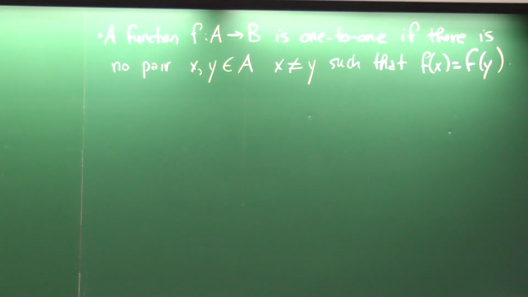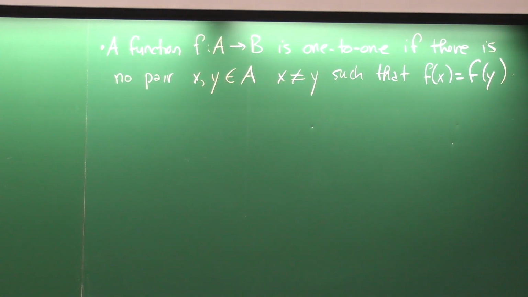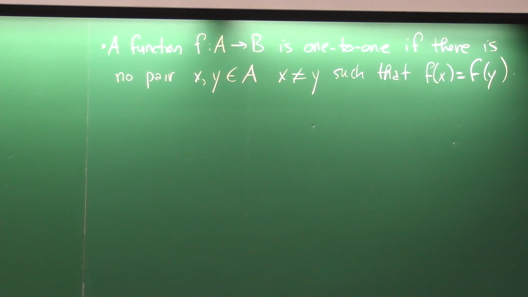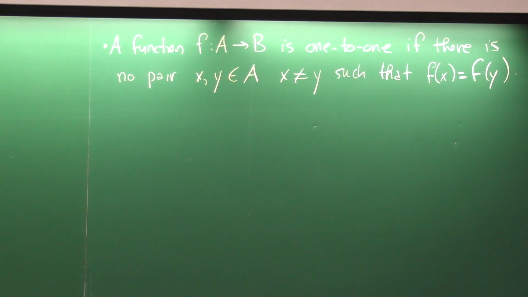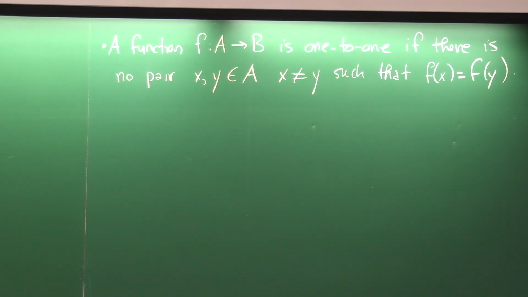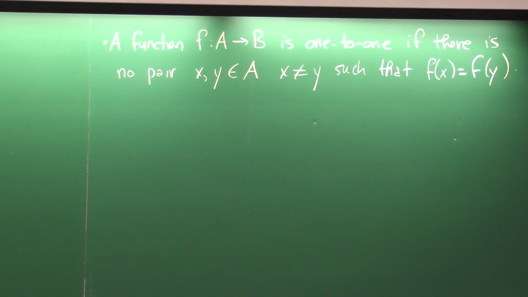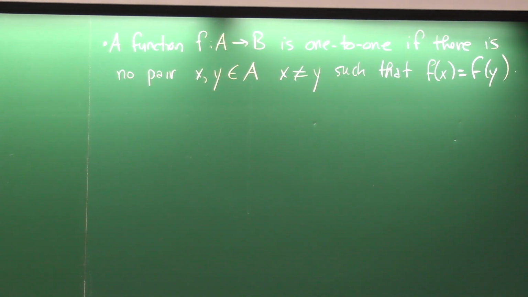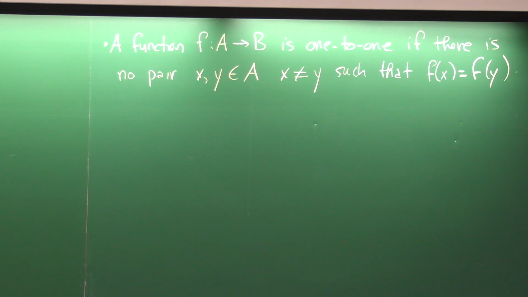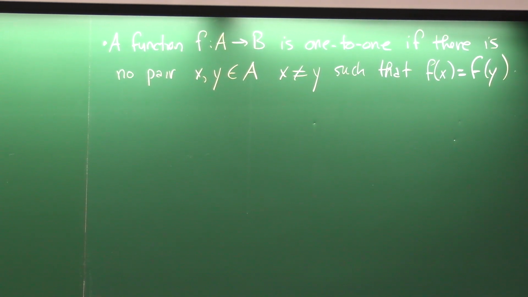So that's what 1 to 1 means. So this example here, is it 1 to 1? No. Because f of A1 equals f of A3. They're both equal to 4. So this is not a 1 to 1 function.